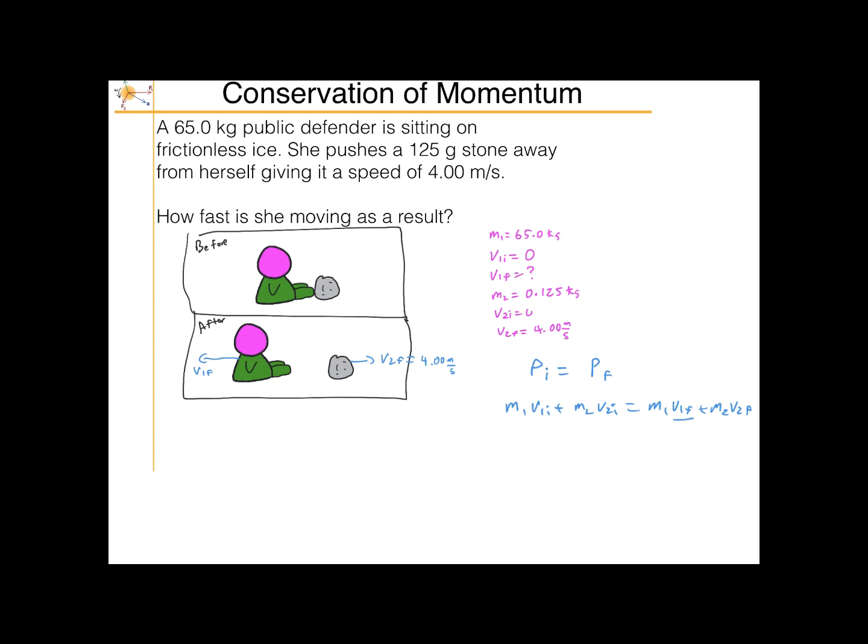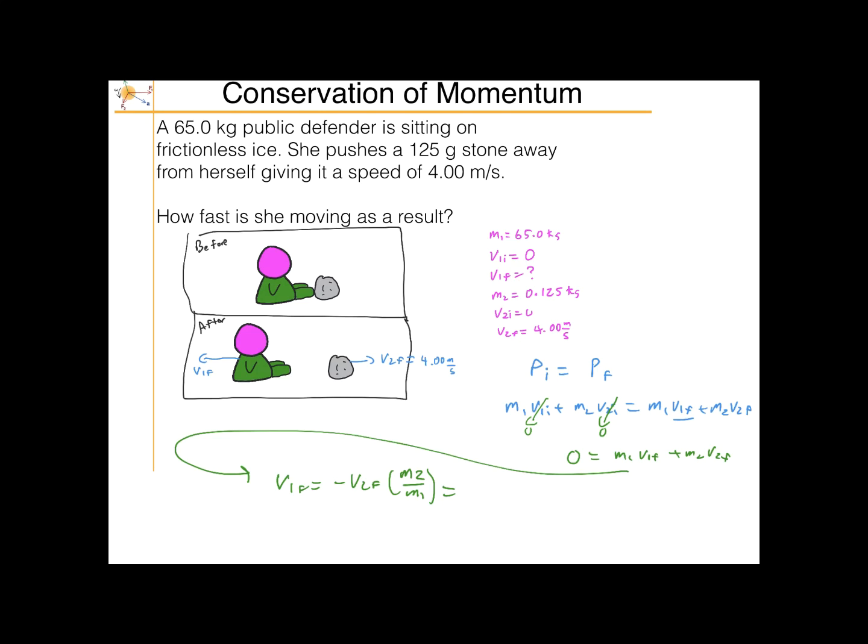The initial momentum is 0 because they're both initially at rest. So 0 equals M1 V1 final plus M2 V2 final. Solving for V1 final, it's equal to minus V2 final times the ratio of M2 to M1.